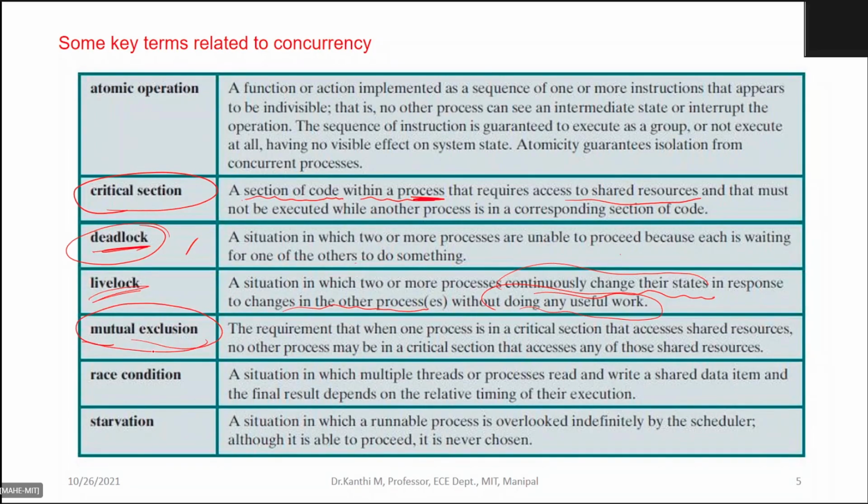It is the requirement that when one process is in the critical section, which is a shared section, shared code, and accesses shared resources, no other process may access any of these shared resources.